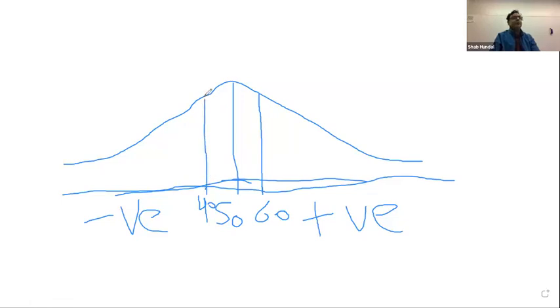Then 40 and 60 should have the same frequency, so if you match them, they should come out in a straight line. It's not here, but in theory, it's like this. And if you go 20 more, which means 70, and 20 less, which means 30, they should also match.